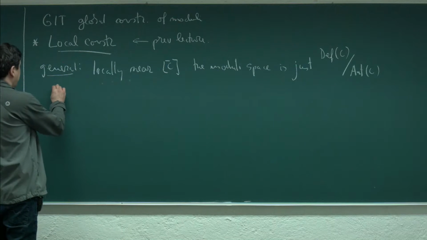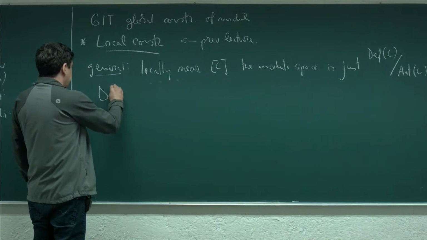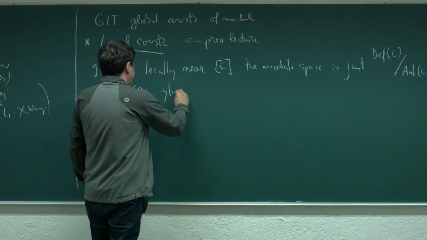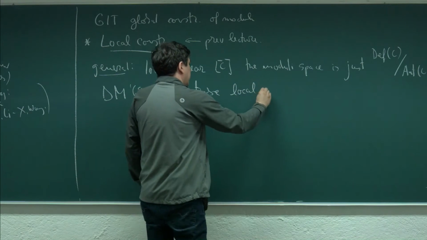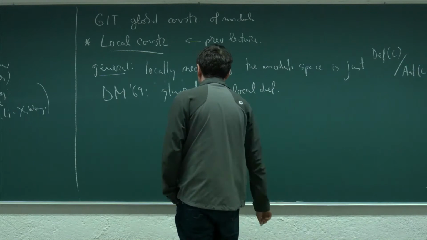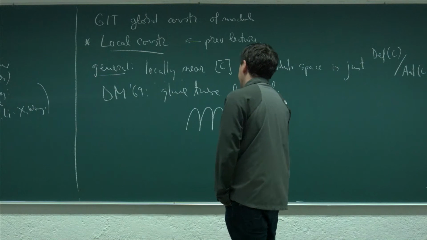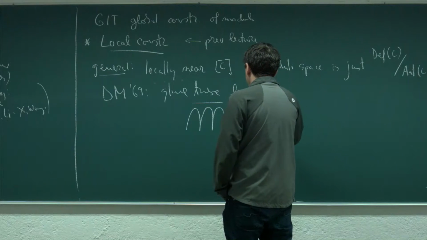So the idea, and I mean this was probably Deligne-Mumford in '69, was: why don't we glue these local deformations? To emphasize this, I'm getting M_g bar by gluing the local deformations.